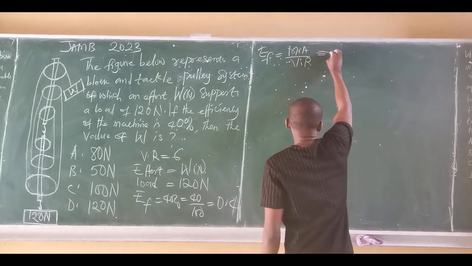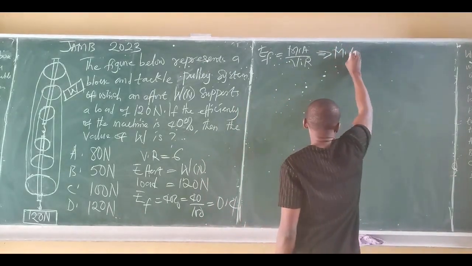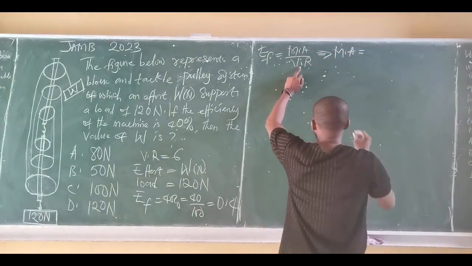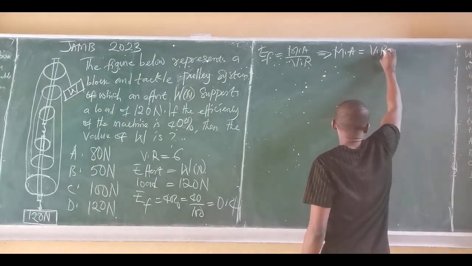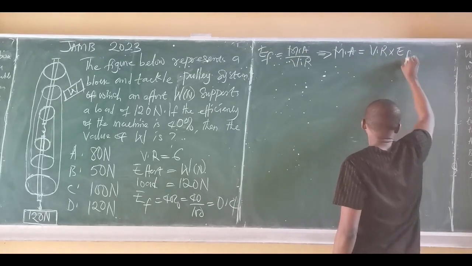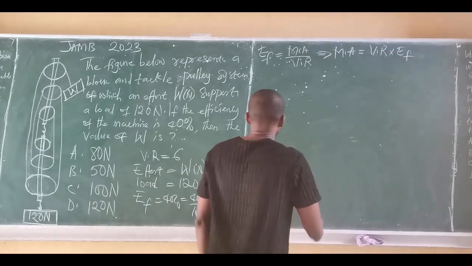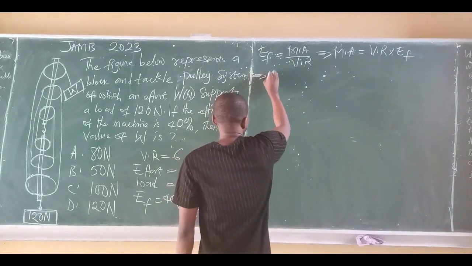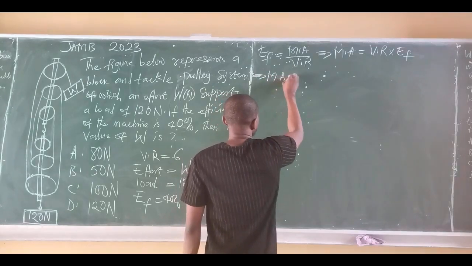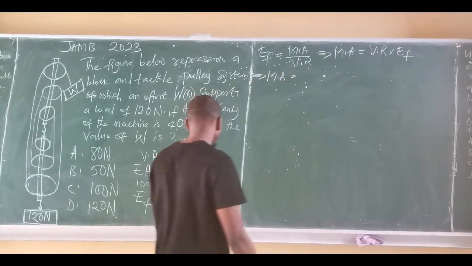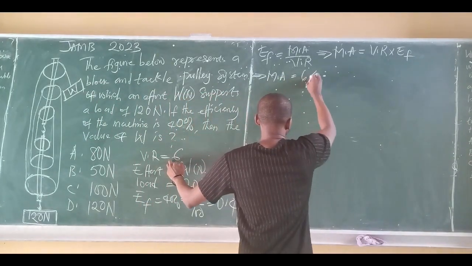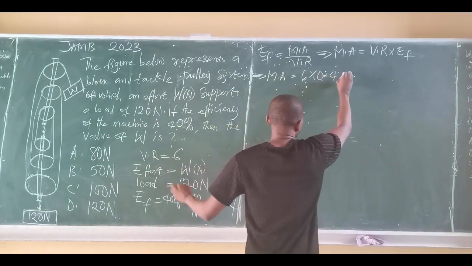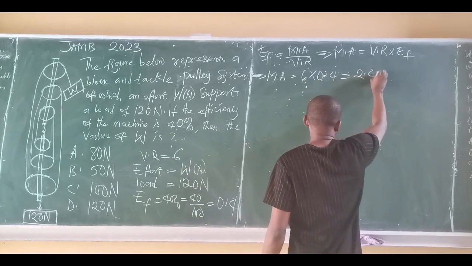Mechanical advantage is now equal to velocity ratio multiplied by efficiency. So our mechanical advantage is equal to the velocity ratio we obtained, which is 6, times the efficiency 0.4, and this gives us 2.4.